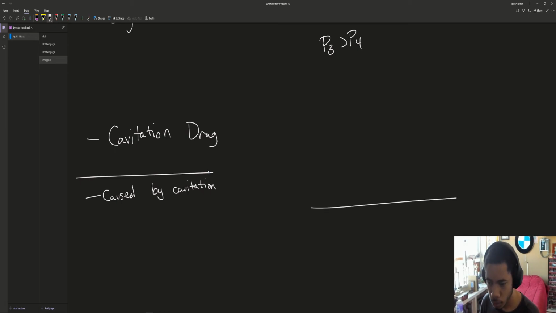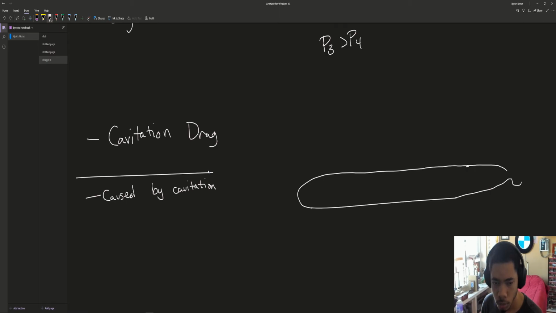So, here's our submarine. It has a little afterbody in the back here. Pretend it's like the Sea Wolf submarine or something.